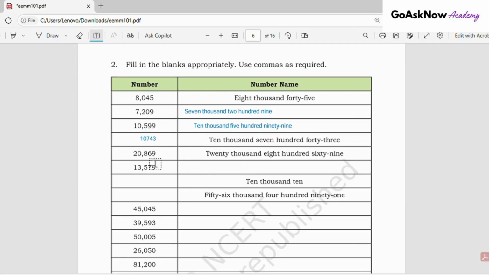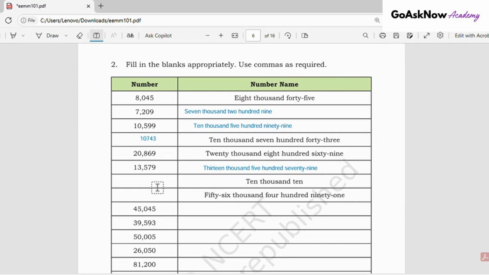Okay. Next, here, which is 20,869, which is correctly given. Here, 13,579.